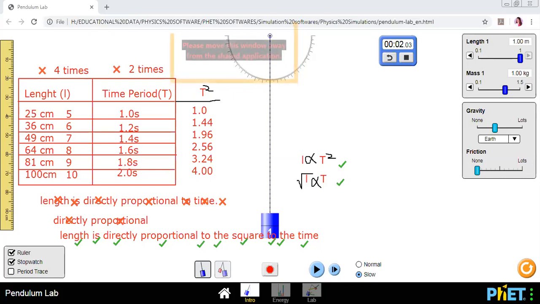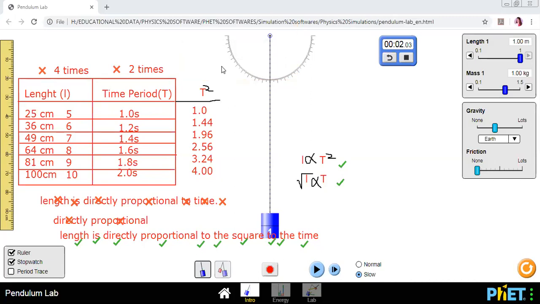Try to understand the relationship between length and time period. If you say that length is directly proportional to time period, I am sorry, this is wrong. Length is not directly proportional to time period, because for two factors to be directly proportional, they should increase in equal proportion.